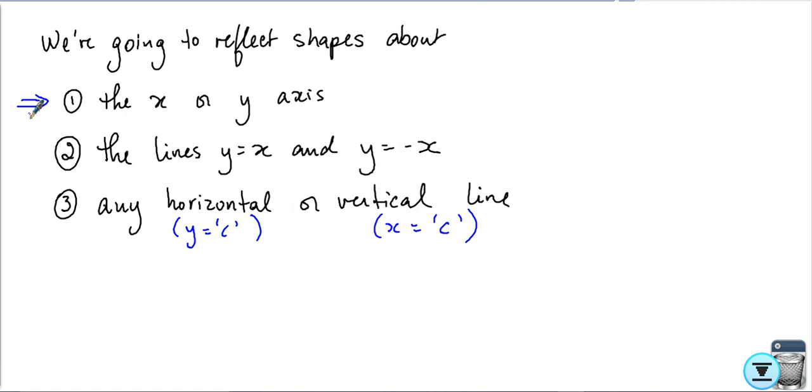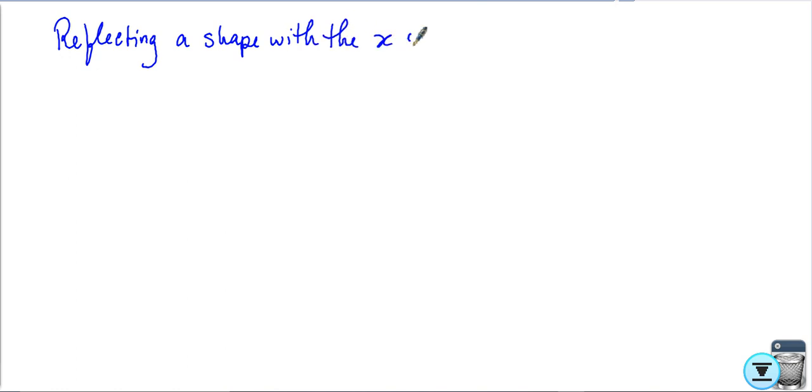There are rules which can be obeyed, which you need to learn, and if you learn these rules, then life would be very, very, very easy. Okay, so let's start with the first one, reflecting a shape with the x or y axis.